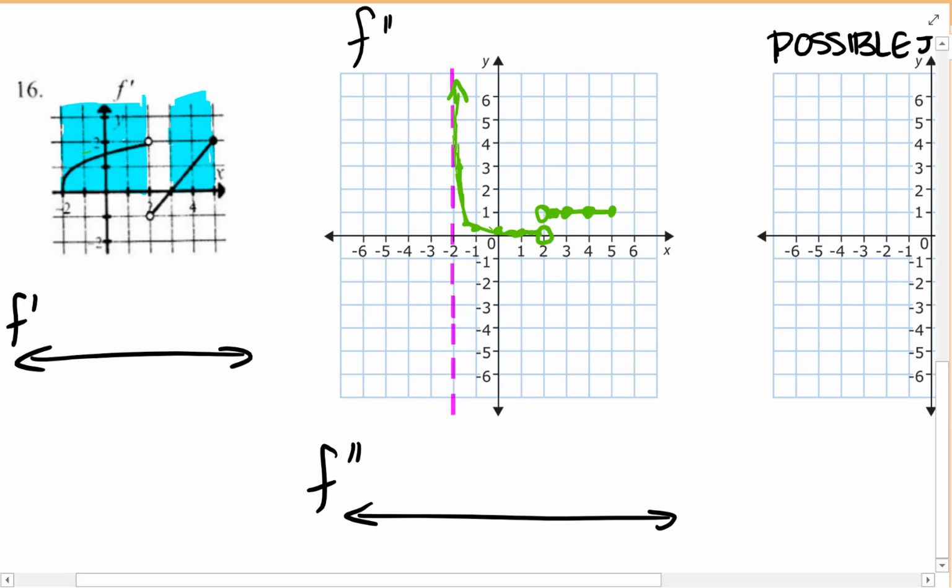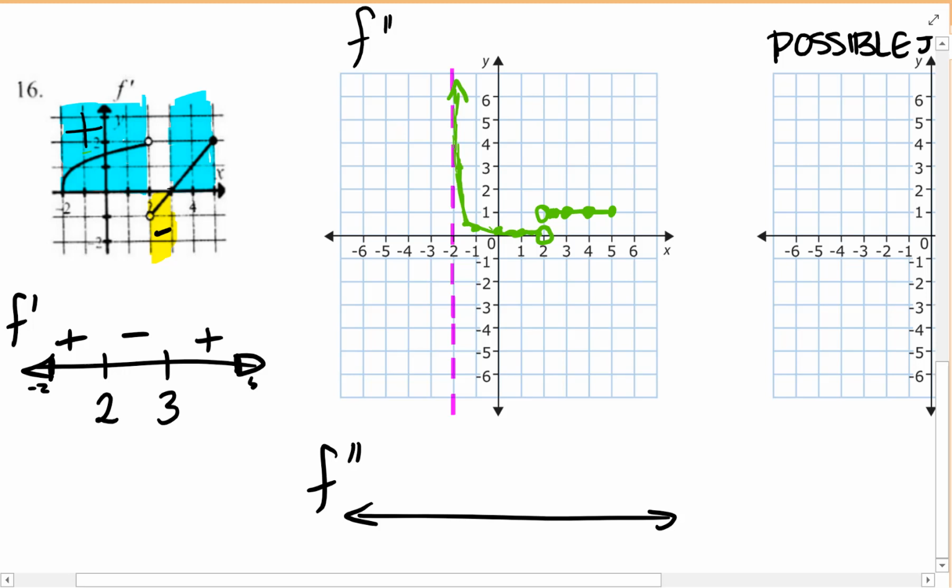And on the interval 2 to 3, we are below the x-axis. So f prime is positive from -2 to 2, is negative from 2 to 3, and is positive from 3 to 5. Yeah, this number line actually does have endpoints. It only goes from -2 up to 5.